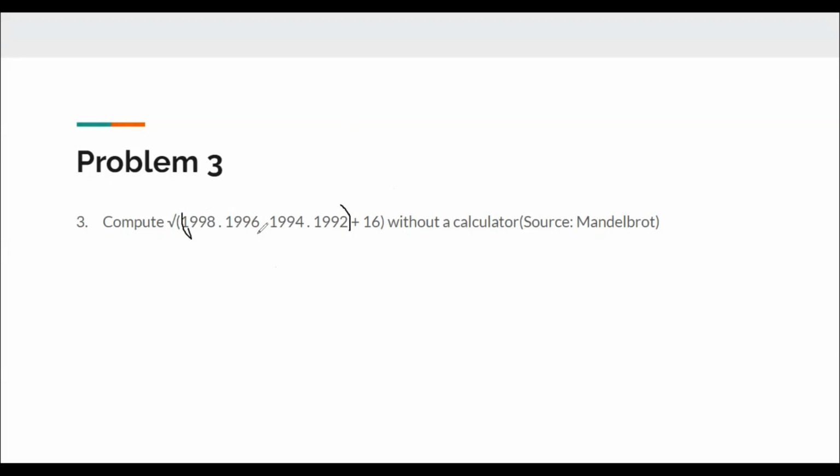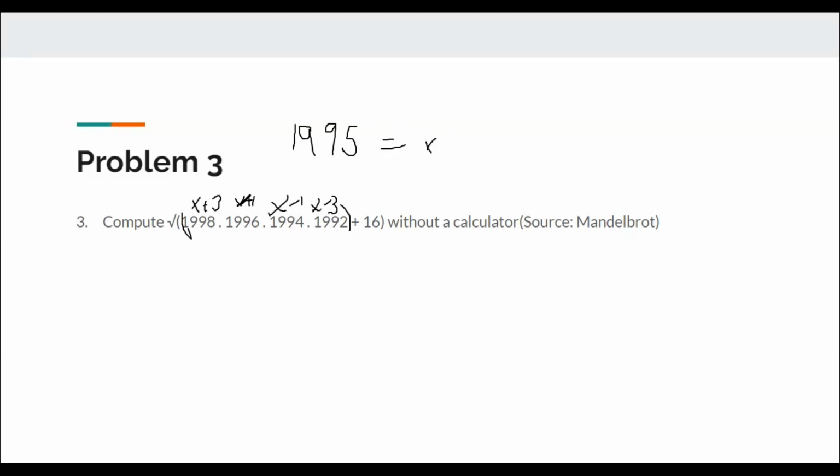Okay. So if you let 1995 equal x, this is going to be equal to x plus 3, x plus 1, x minus 1, x minus 3.